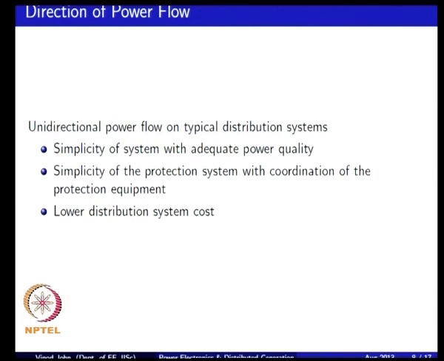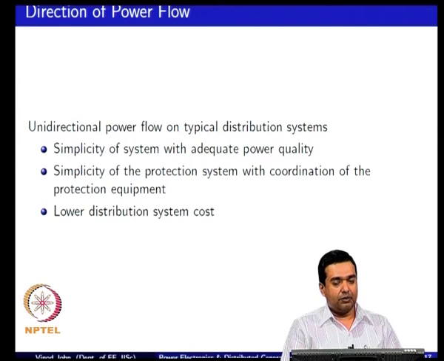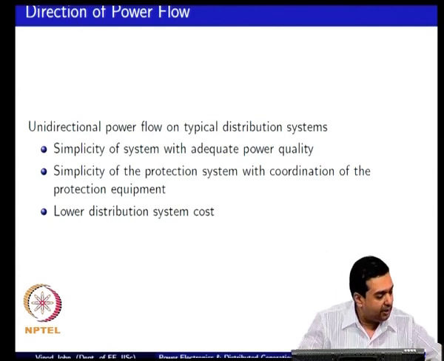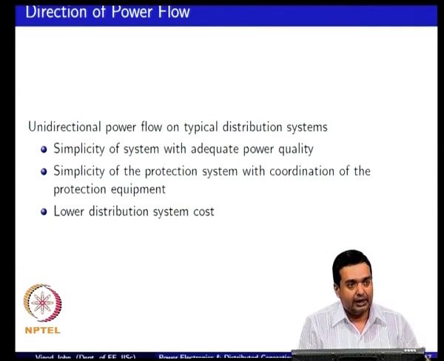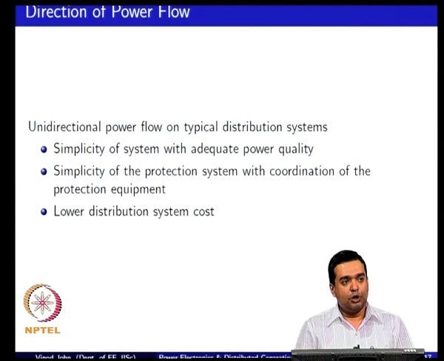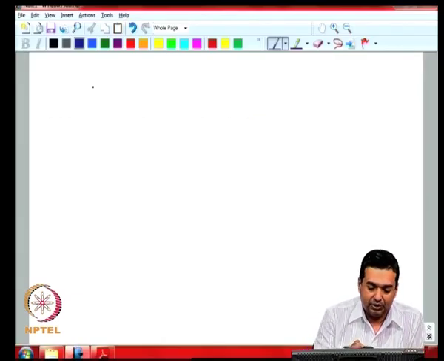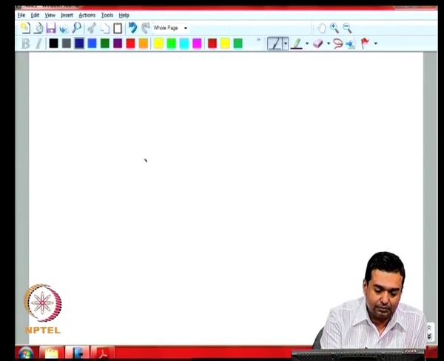So, if you look at the issue of power flow in a typical distribution system, you have simplicity of the distribution system, and if you look at a mesh system where you have possibility of power coming in from multiple sources, then you have a scenario where say you have two sources.